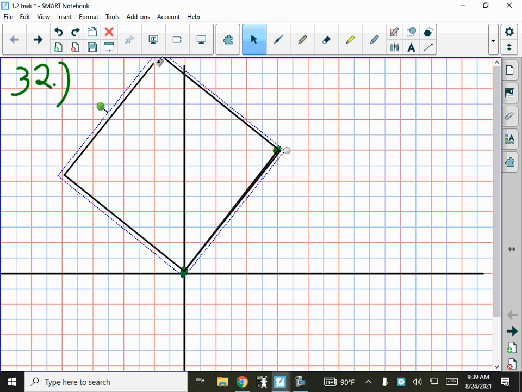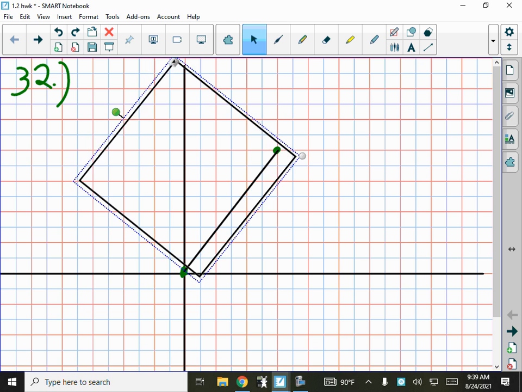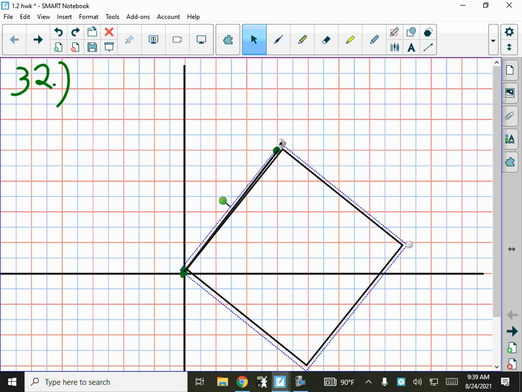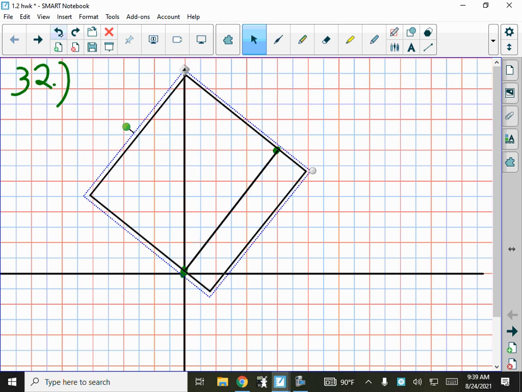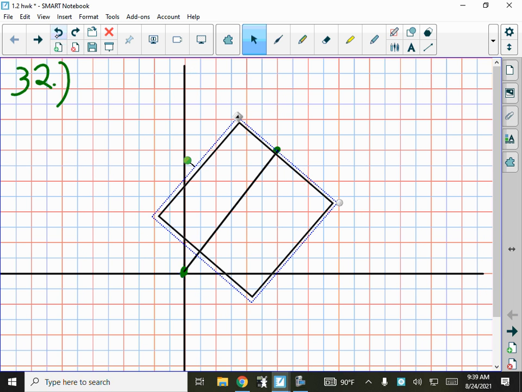But wait, I could have also made the square here, right? And your goal is to find that dot there and that dot there. But now, that's a great question. It has to be that piece right there.